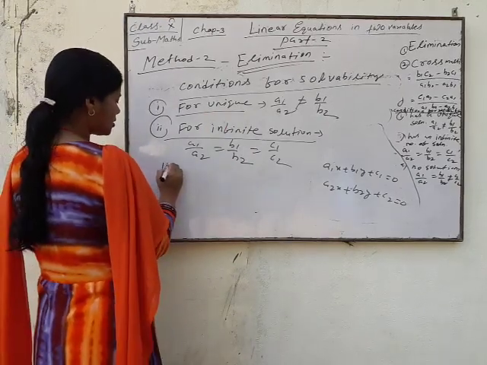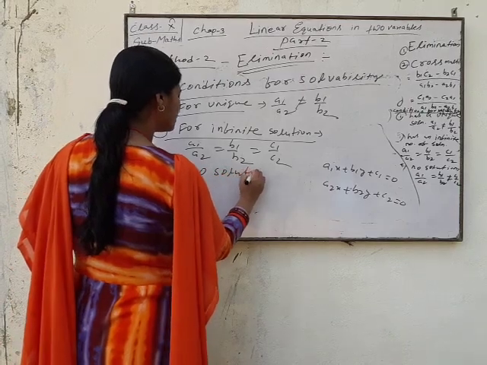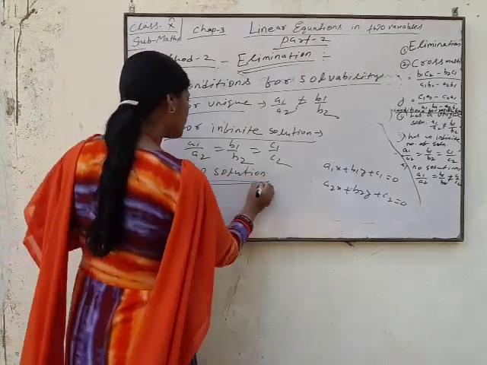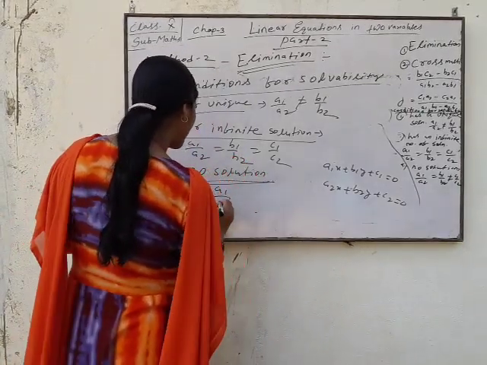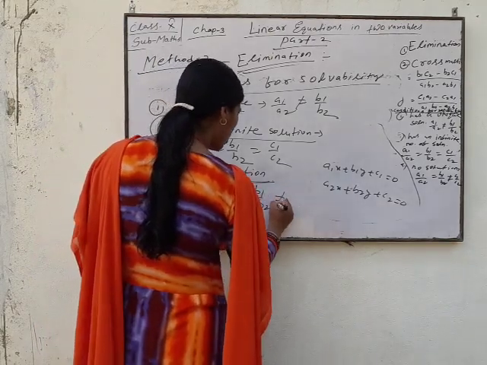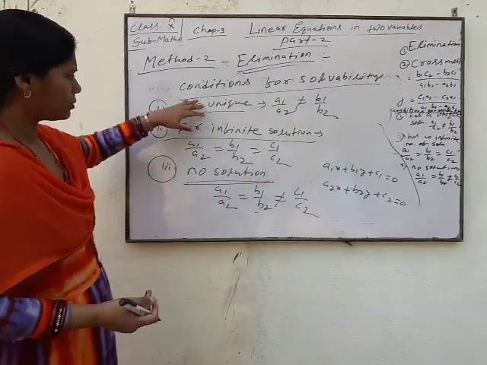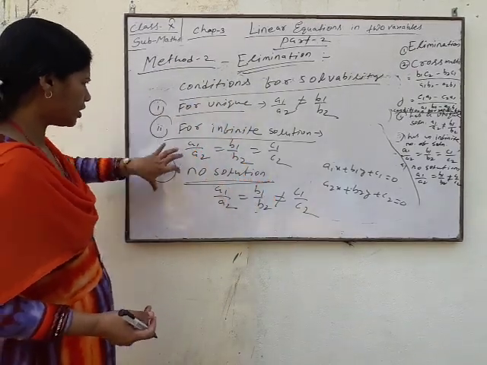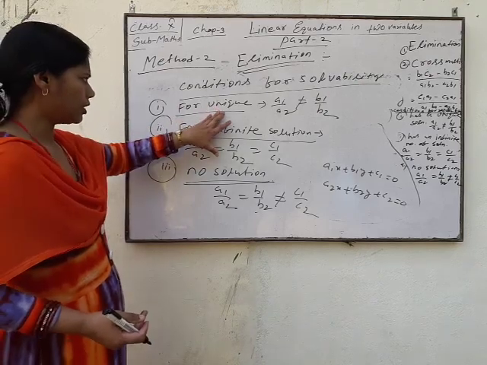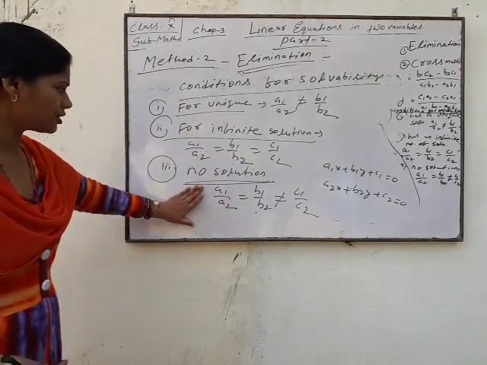The third case, no solution. For no solution, the formula is a1 by a2 is equal to b1 by b2 is not equal to c1 by c2. So students, these are the mathematical formulas for your three cases. Case 1, unique solution, case 2, infinitely many solutions, and third is no solution.